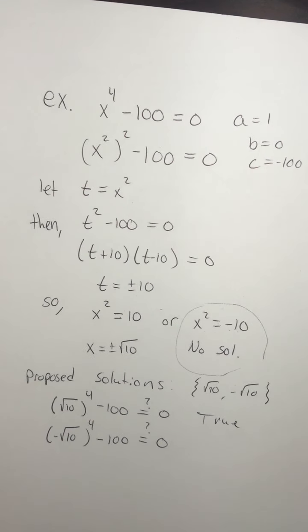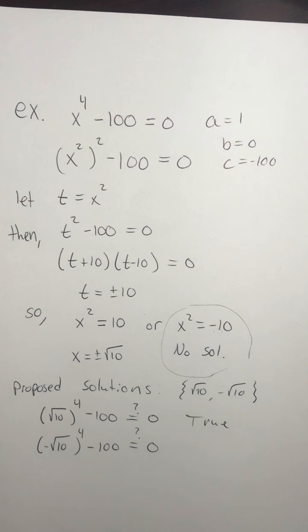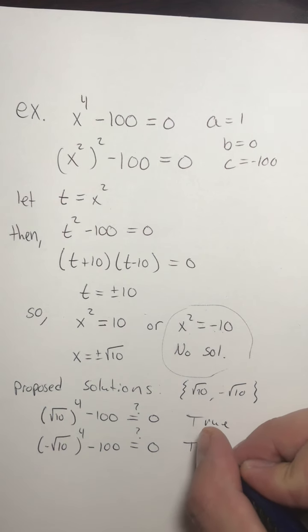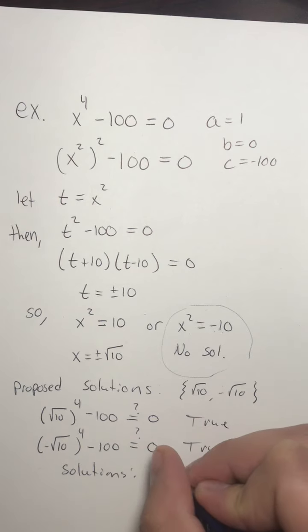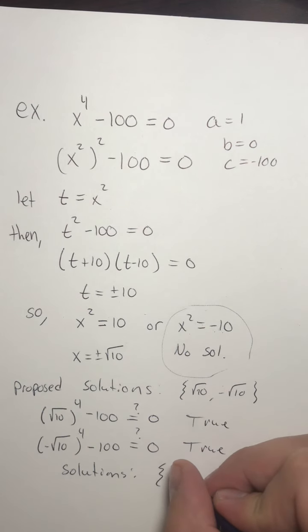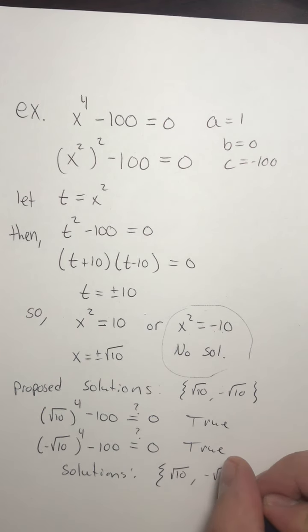So negative root 10 to the fourth minus 100. Does it equal 0? That is a true statement. So our solutions are root 10, comma, negative root 10.